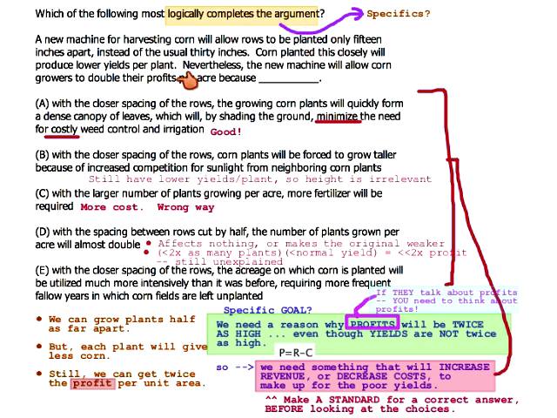So if you're talking about plants and yields and then suddenly they hit you with profit, then you should absolutely 100% know that you are going to have to bring in something new that has to do with profit. Because they do not trick people. There are 0 trick questions on this ever. It does not happen. So if you have something that looks like a change of subject, it's a change of subject, and you should look for an answer choice accordingly.